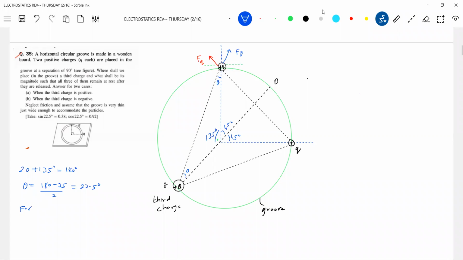Now you have to ask the question, what about this third charge? Can it be in equilibrium? I think it can also be in equilibrium, no? Okay, we'll analyze that also. Now you look at this theta, this theta.